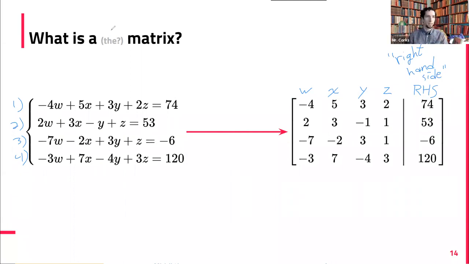That's really all that's happening, just visually representing it differently. Everything's nice and lined up. We remember which variable each coefficient is attached to by looking at the column it lines up with. We save time by not rewriting the variable names every time, and it looks cleaner, especially with a really big system of equations. So that's the idea of a matrix in the math world.